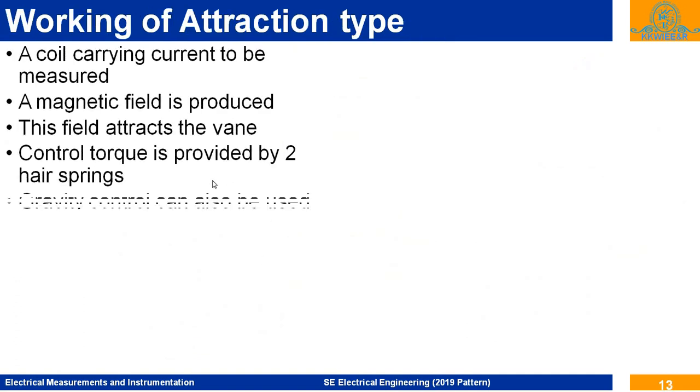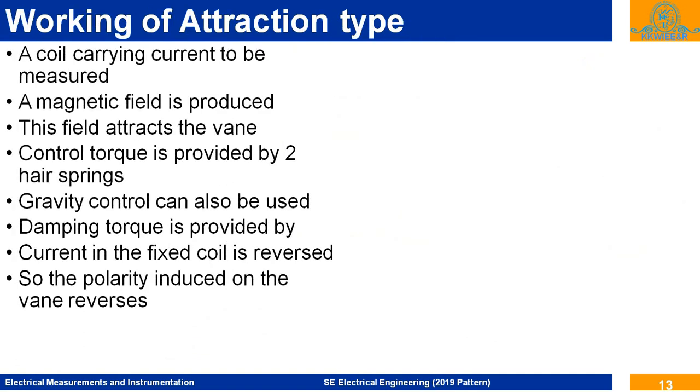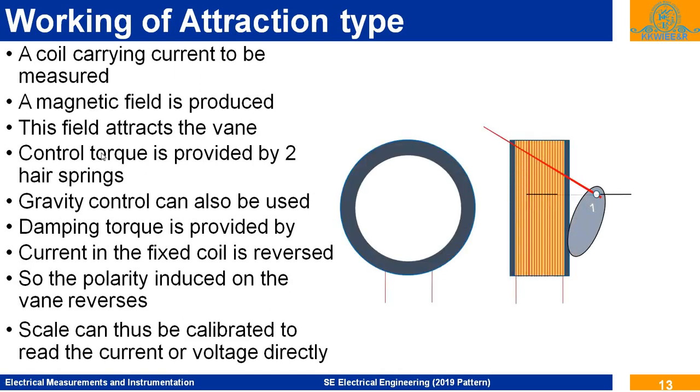Now we'll start with the working of this attraction type moving iron instrument. This is the stationary coil, the side view, cross sectional view, and in this animation, this moving piece of iron is placed here.